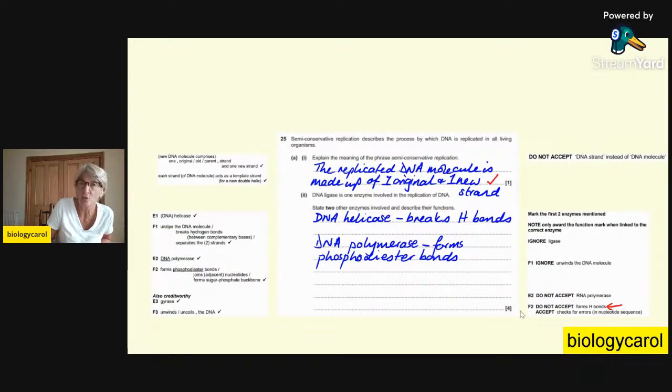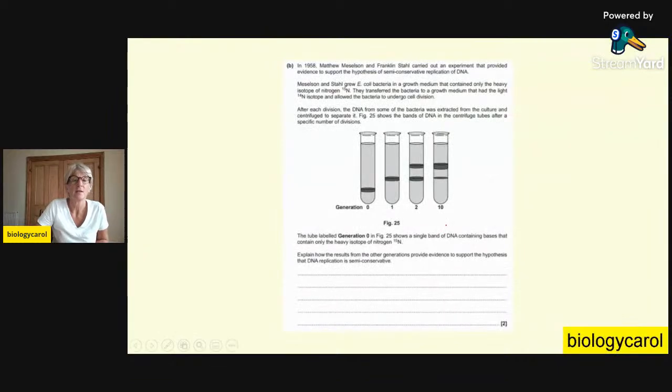It does not. It sews up the sugar phosphate backbones of the two strands, phosphodiester bonds. So here I got enzyme 1, function 1, enzyme 2, and function 2. So I got the 4 marks.